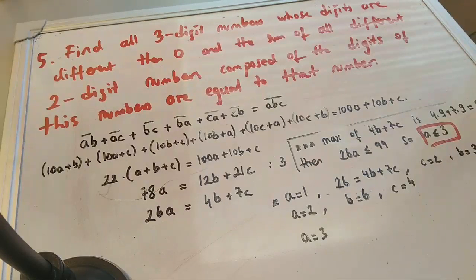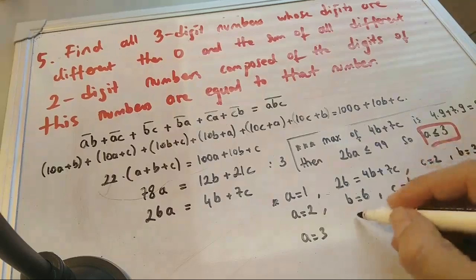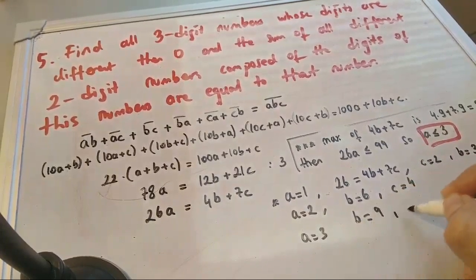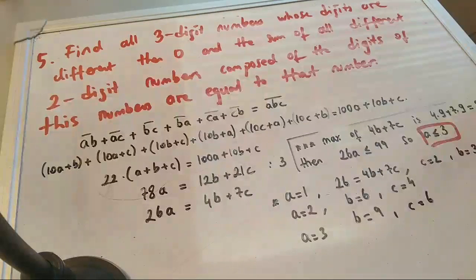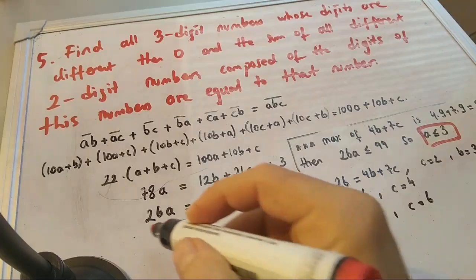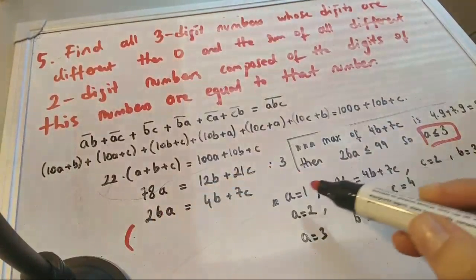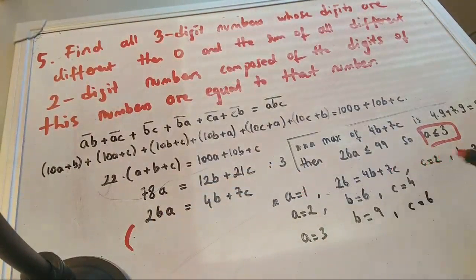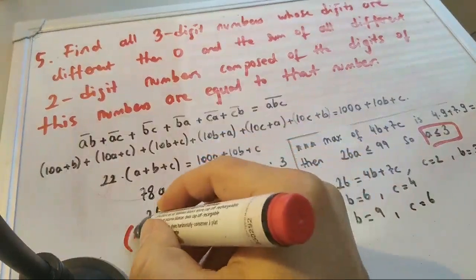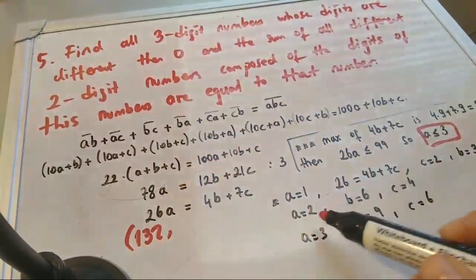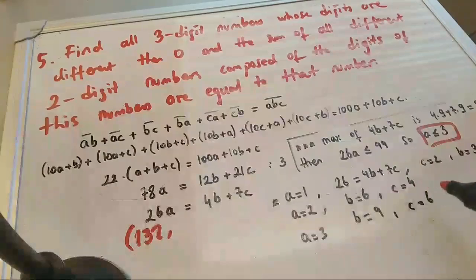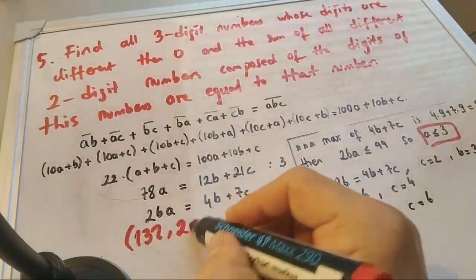Thank you very much, Oliver. So here B is going to be 9 and C is going to be 6. So we got all 3-digit numbers. A is 1, B is 3, C is 2, 132. Here A is 2, B is 6, C is 4, which means 264.